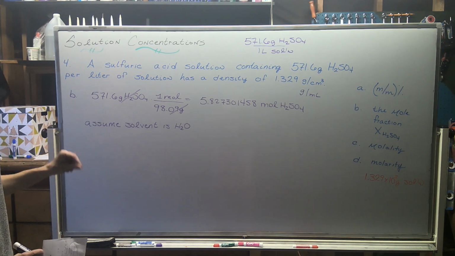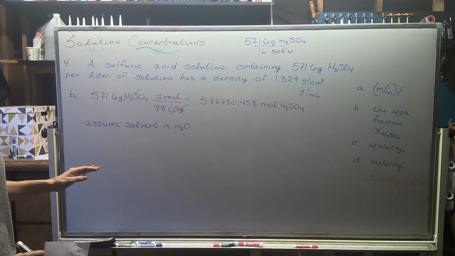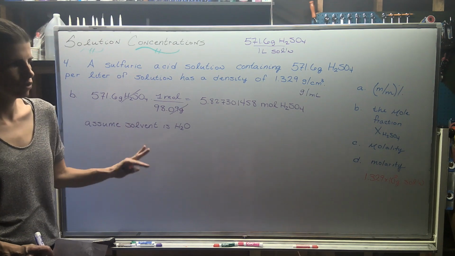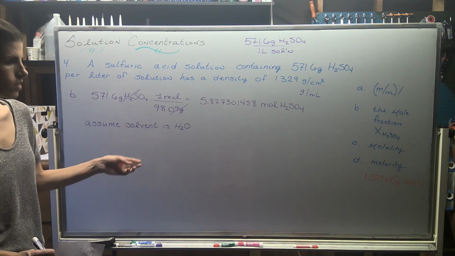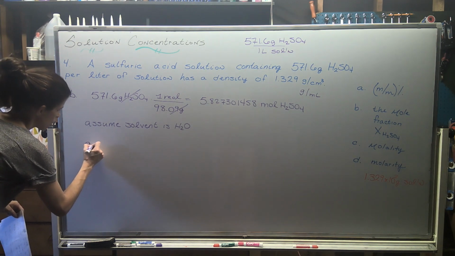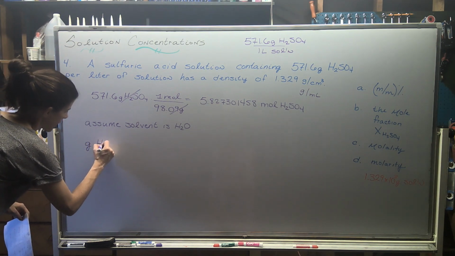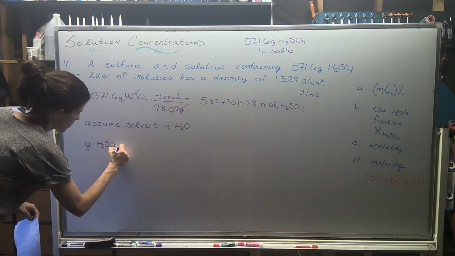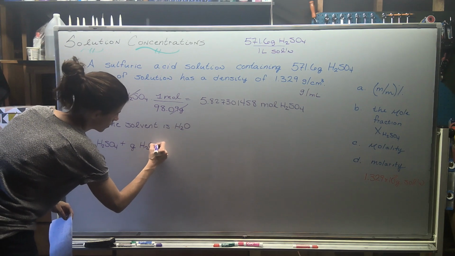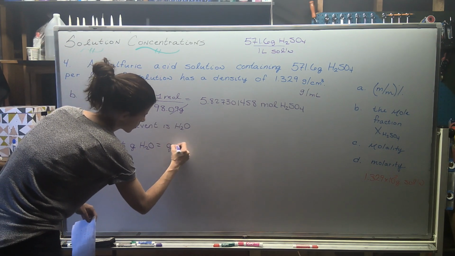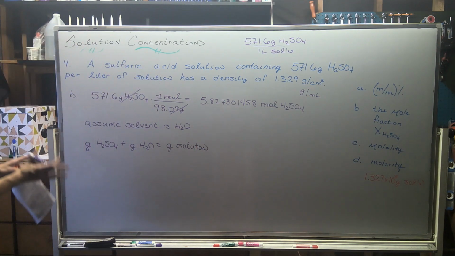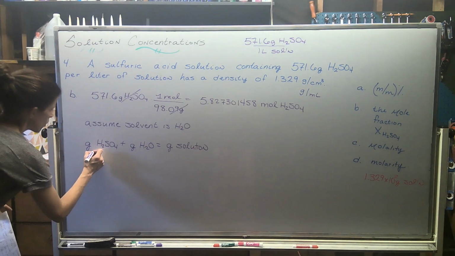Then I'm going to have to use that little trick that we've been using previously. So if we know the grams of solute and the grams of solution, we can solve for the grams of solvent because we have this relationship. Grams of sulfuric acid plus the grams of the water has to equal the grams of the solution. Mass is additive, volume is not. So I'll plug and chug here.